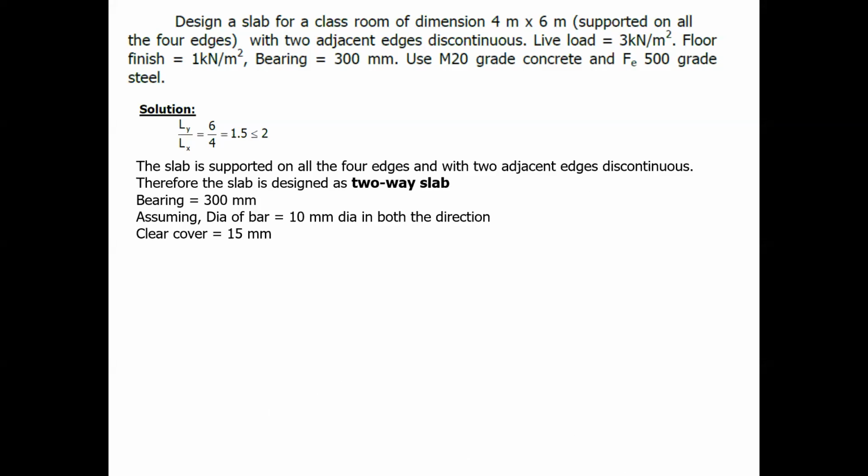Take down, the slab is supported. This is a condition which is given in the question, that is the slab is supported on all the four edges, with two edges discontinuous.